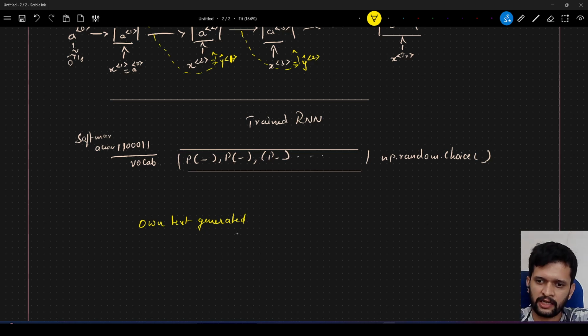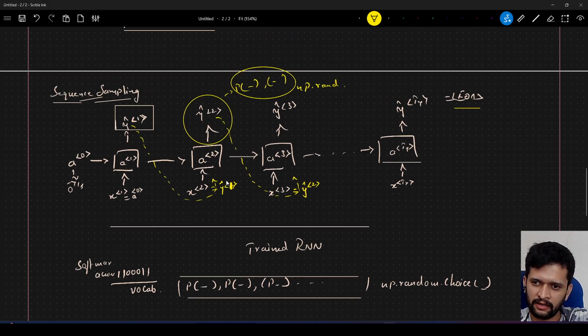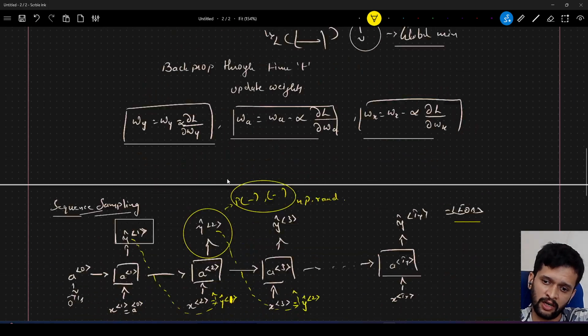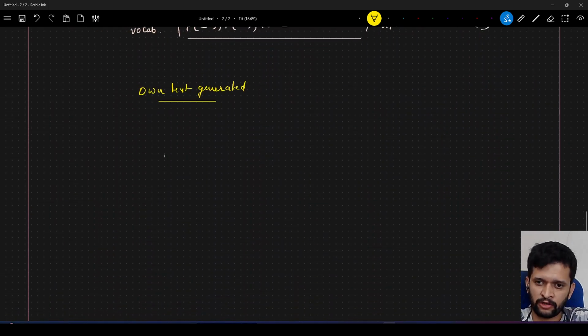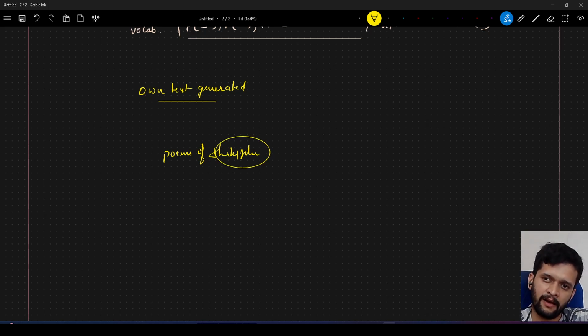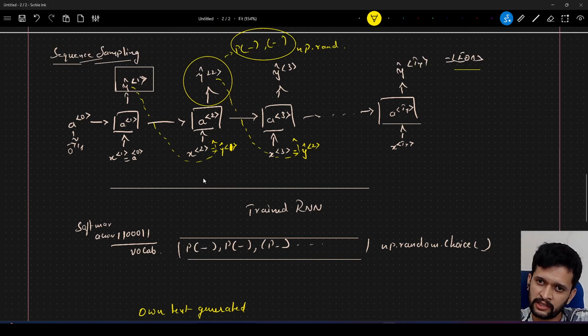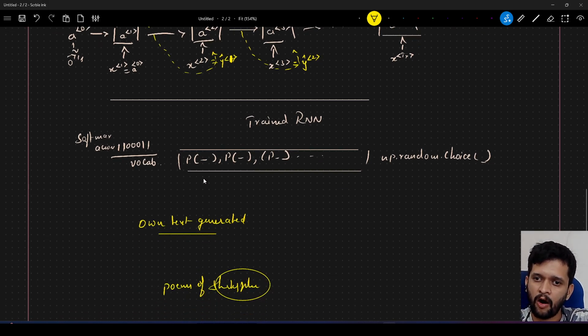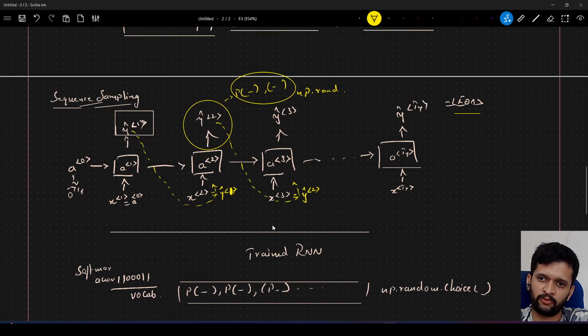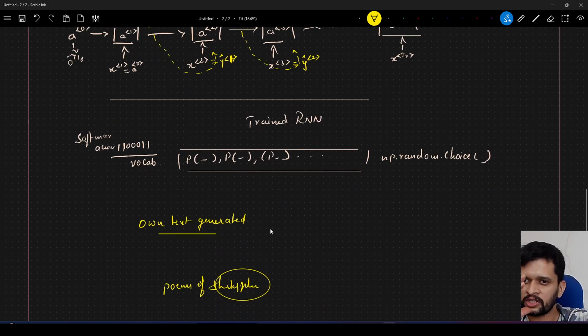Let's say you have trained your RNN model as a language model on poems of Shakespeare. Once it is trained, if you use this sequence sampling method on the trained model, you will have your own Shakespeare model ready, and you will see outputs which are not even composed by Shakespeare, right?